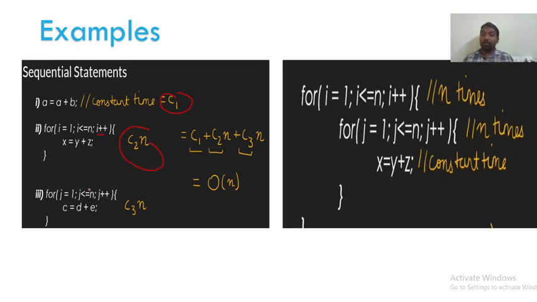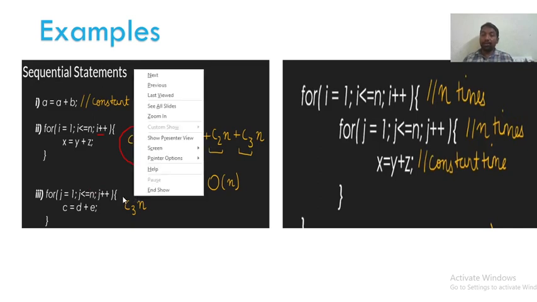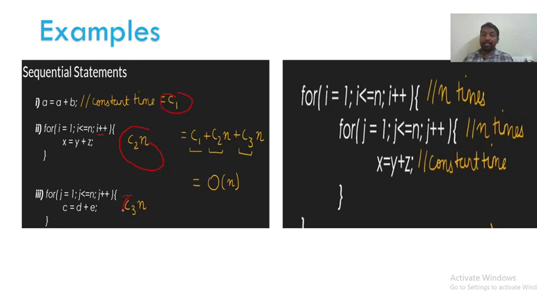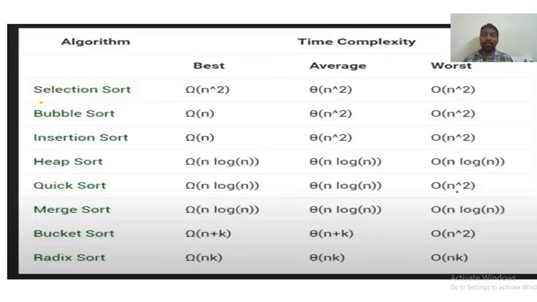This other loop also executes n times, with constant c3. So to calculate the total time: c1 plus c2 n plus c3 n, totally order of n. Next, this one is like a quadratic loop. n times for one loop, n times for the other, n into n, so n square. This is a small example of how we calculate the time.